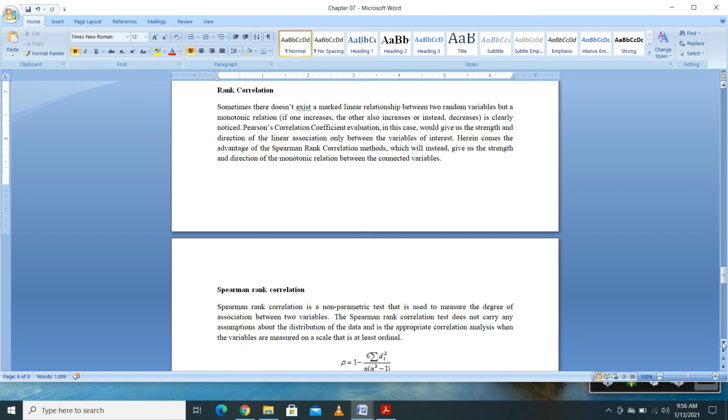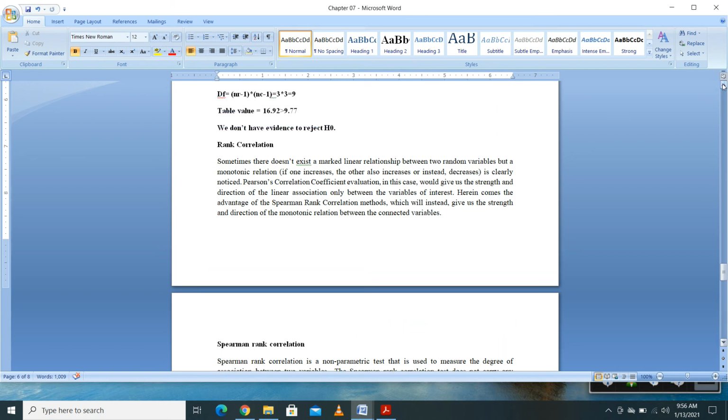Now we are going to discuss another area in non-parametric statistics, that is the rank correlation. Now we know when you have two variables, to find the relationship we use the correlation coefficient.